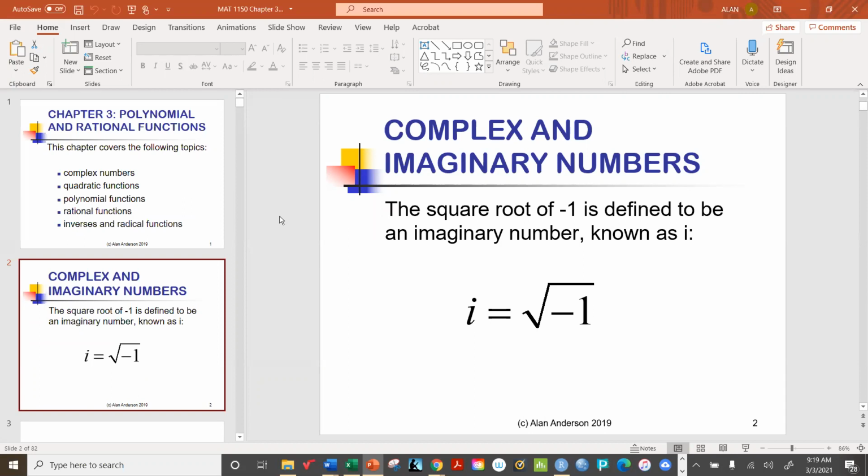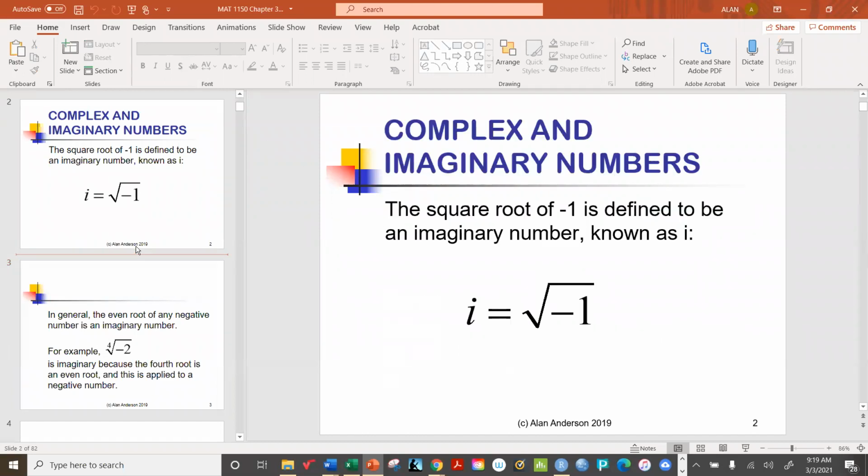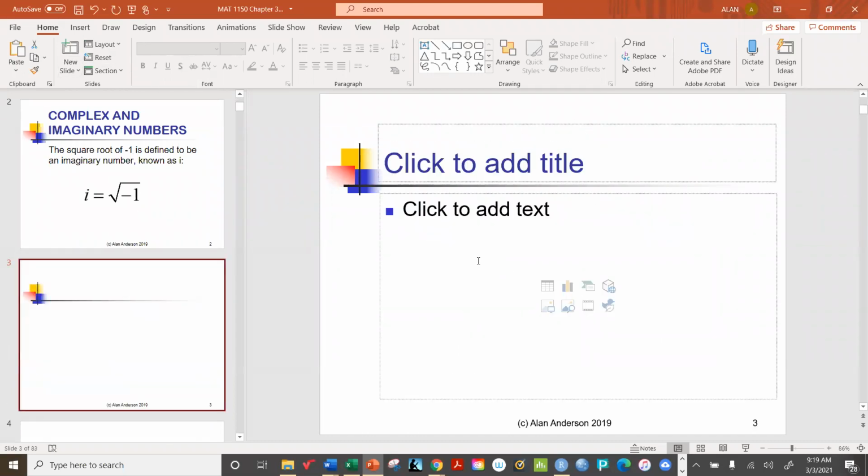So we start out by noting that formally, the square root of -1 is defined as this number i, which from now on, all these imaginary numbers will always be expressed as a function of i. So for any even root of any negative number, we'll end up with an imaginary number. Okay, so let me just quickly mention that when we say the word even root, what are we talking about?